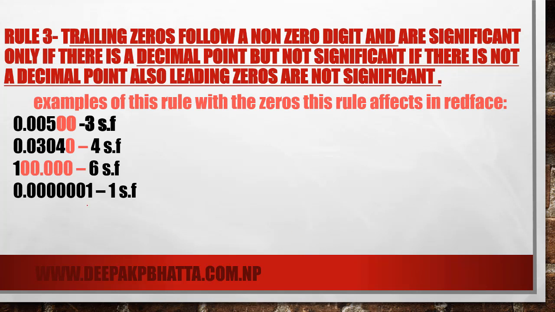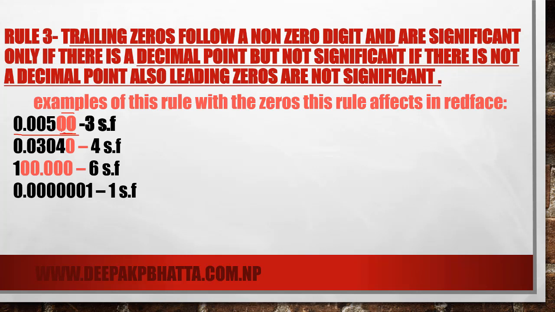Here's a number, 0.00500. Trailing zeros means these two zeros in red. Those zeros which come after a non-zero digit are called trailing zeros. Here the number 5 and these two red zeros are trailing zeros.